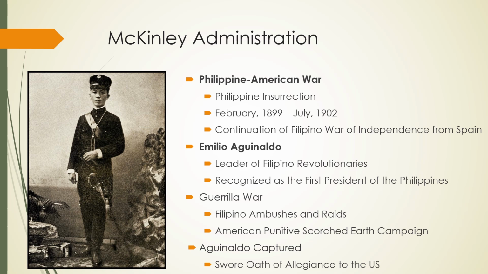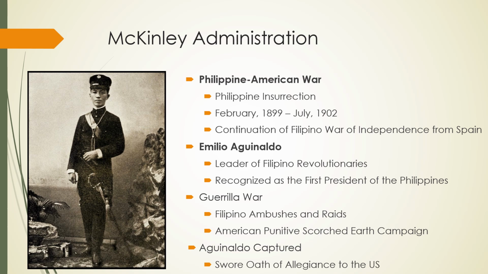And the leader of the Filipino revolutionaries, you see him pictured there on the left. His name is Emilio Aguinaldo. He is recognized as the first president of the Philippines, even though this Philippine insurrection is not successful. The U.S. is going to win this war.